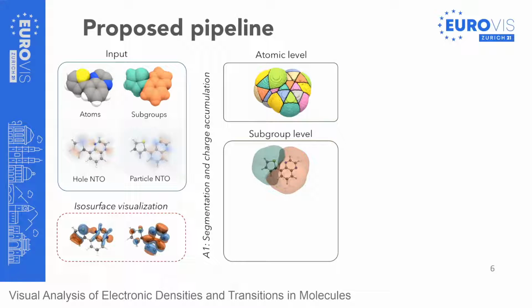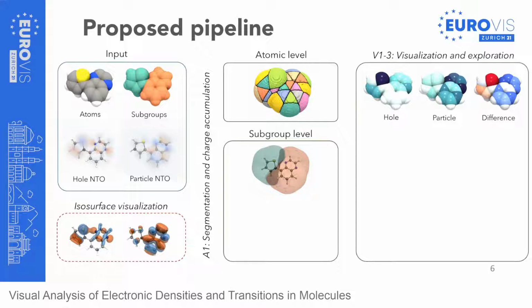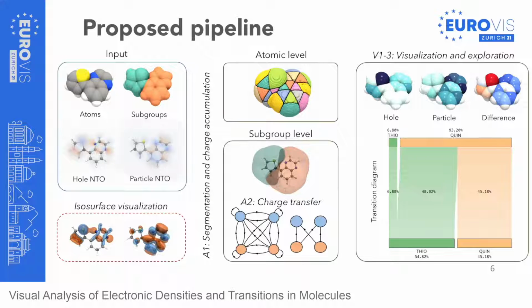We compute segmentation at atomic level and then accumulate the charges within each segment to compute charges per atom at both hole and particle level. This can be directly visualized as shown here. In addition, we also compute the charge transfer at the subgroup level. This we visualize using something called a transition diagram.